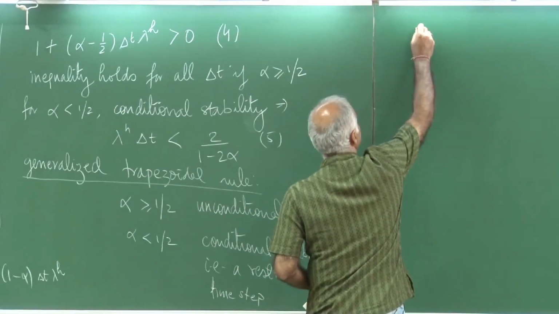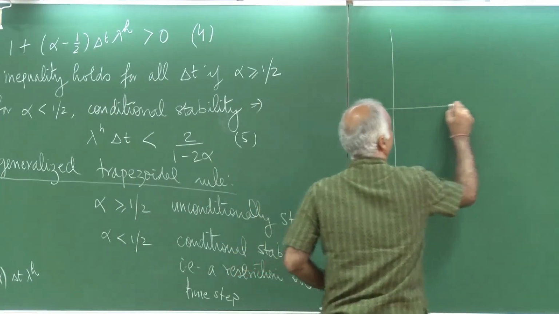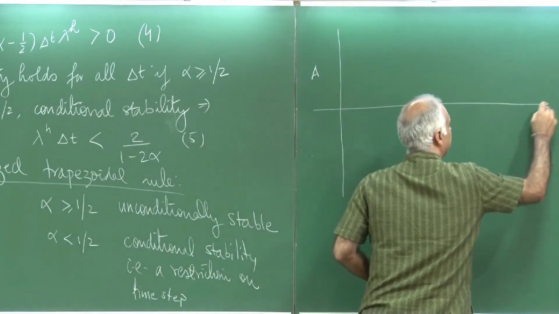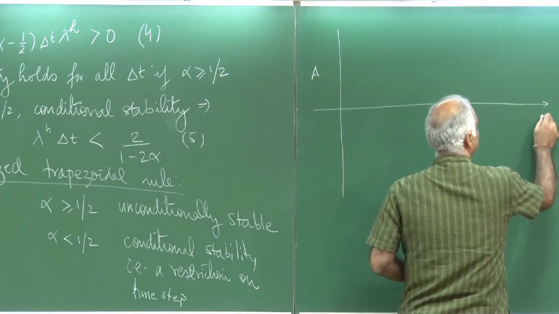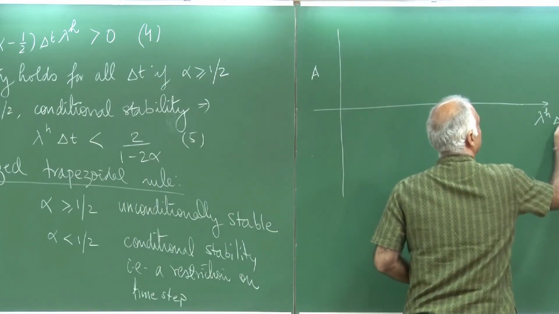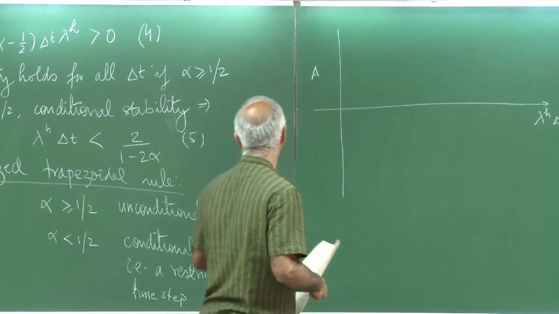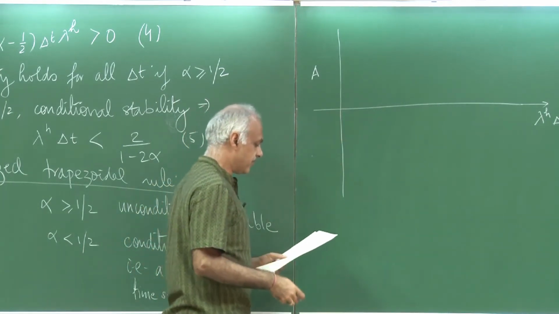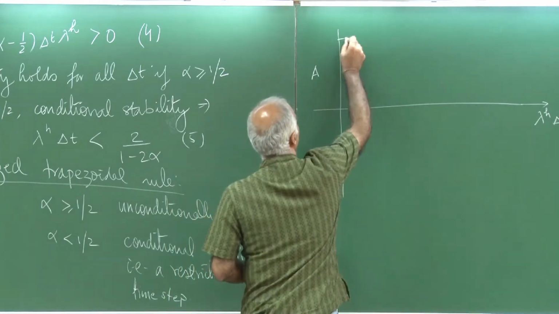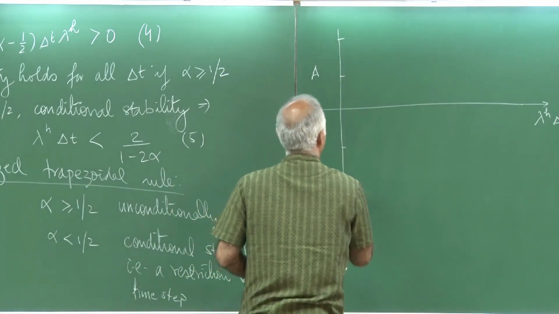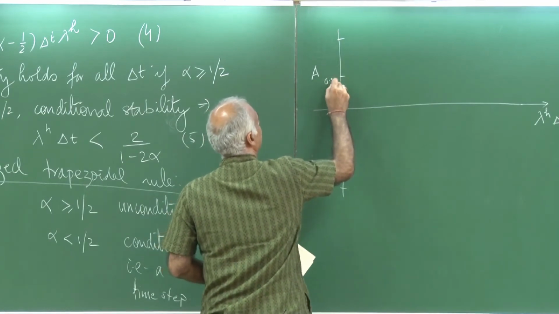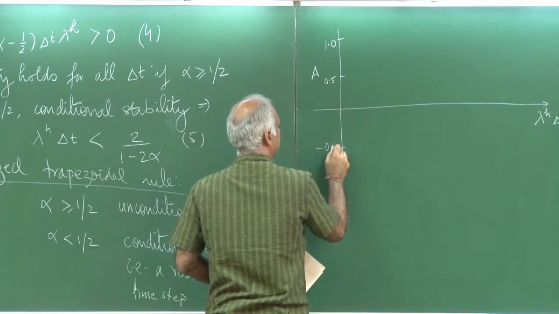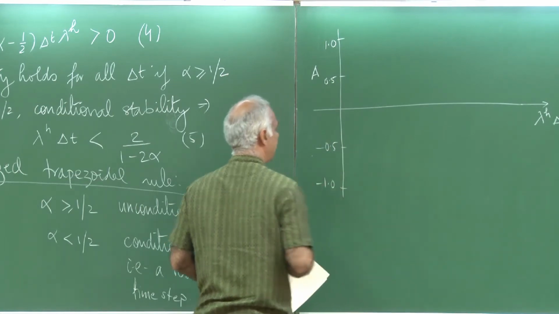So I will quickly sketch what A looks like in terms of lambda h delta t. You can of course take that expression and draw it yourself. So I am going to draw these ranges between 0.5, plus 1, minus 0.5, minus 1.0.